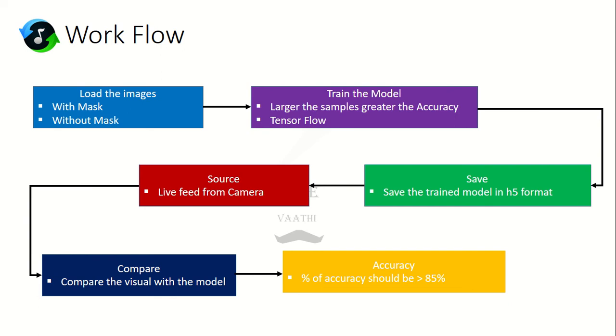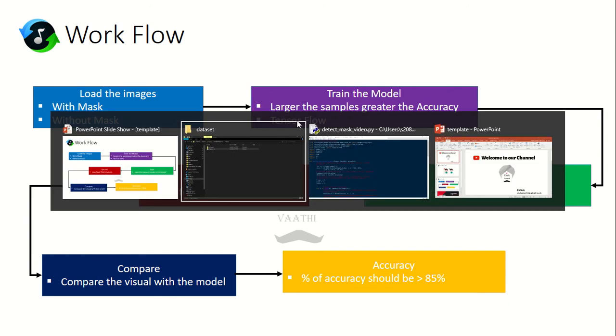As I mentioned, the stronger you build your model, the greater the accuracy will be. I'm not going to take you through the entire code line by line in this video. This is a quick demo for you to understand that there is a way to build such models. You can find a lot of references on the internet, but I have done it in the shortest way I could. So let me show you the live demo.